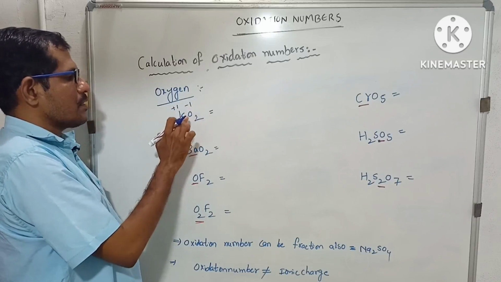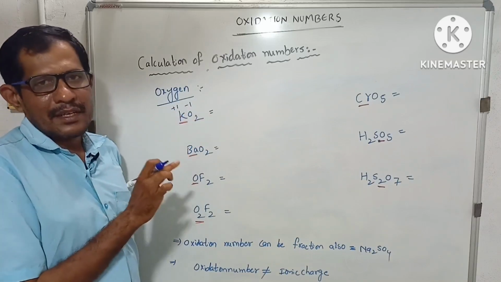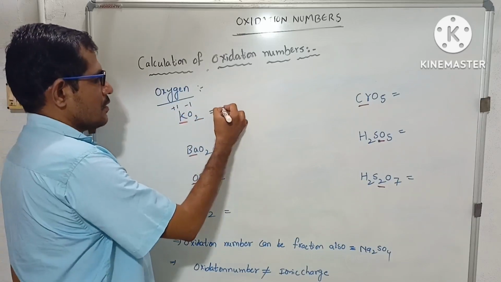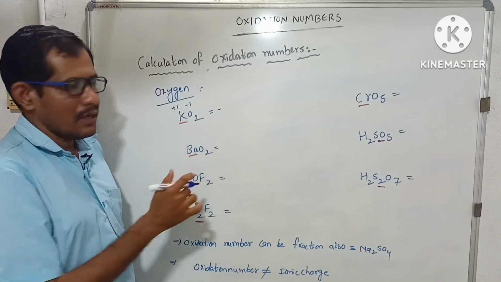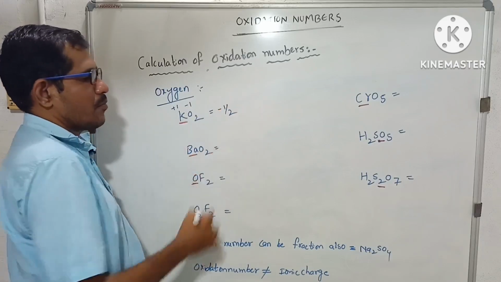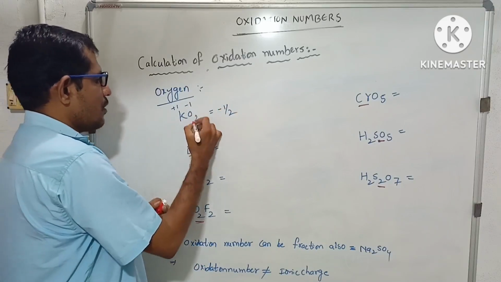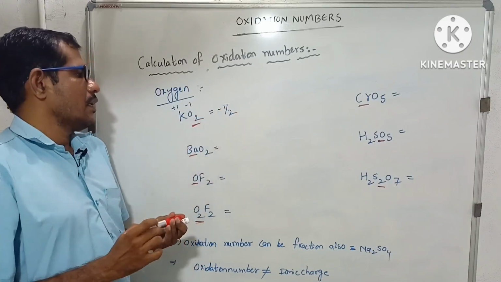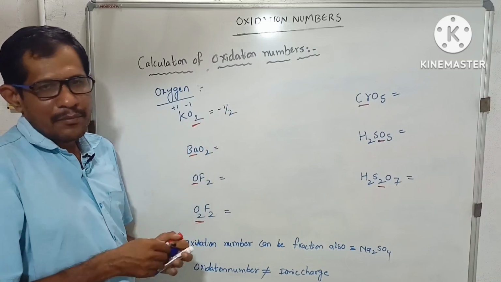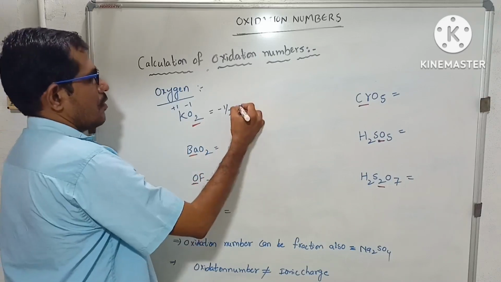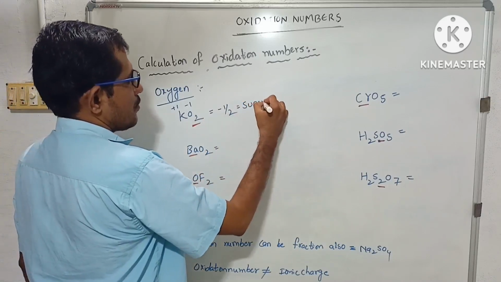So for 2 oxygens it is minus 1. For 1 oxygen it is minus 1 by 2, right? So what is the oxidation state of oxygen over here? Minus 1 by 2, right?